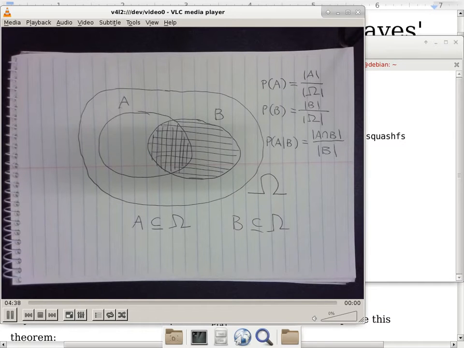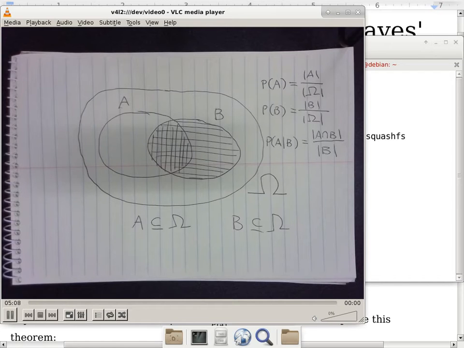Yep. Why wouldn't the denominator be omega? Why would it? Because it's conditional. It's already conditional to being in B. Because of the function parameter? It's the definition. This is the definition of conditional probability. The flip side is you can say everything is conditional to omega before this class.